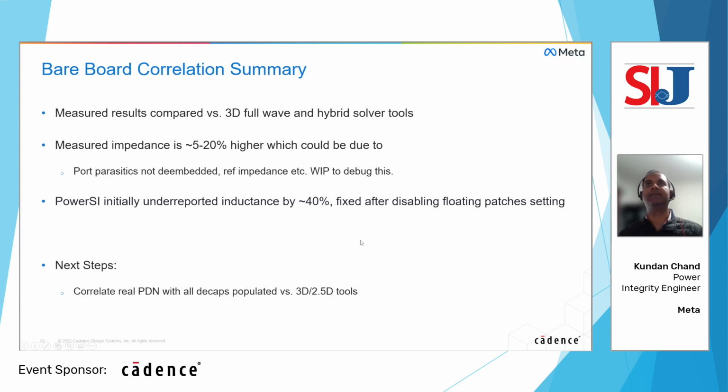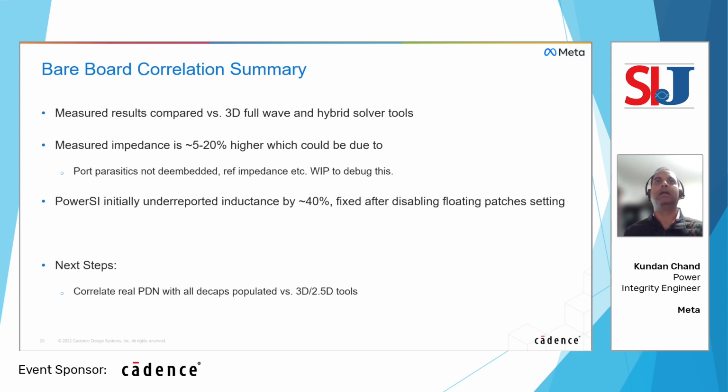And the differences could be due to different tool solvers having different ports being used, and the different port parasitics in the simulation were not removed or de-embedded. Also the reference impedance which we used in the simulation tools was a little bit different, so that could also result in some other differences.